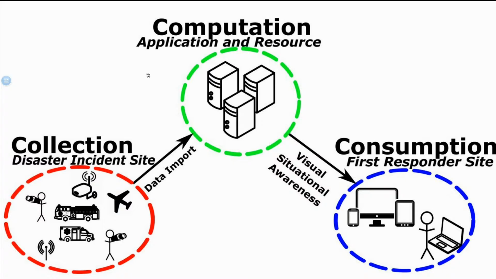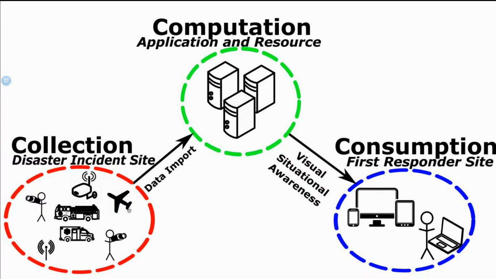So all these are located at different sites, and they're usually separated geographically. However, if we really want to scale on such a topology, we need to use resources in the collection side, in the computation side, as well as in the consumption side.